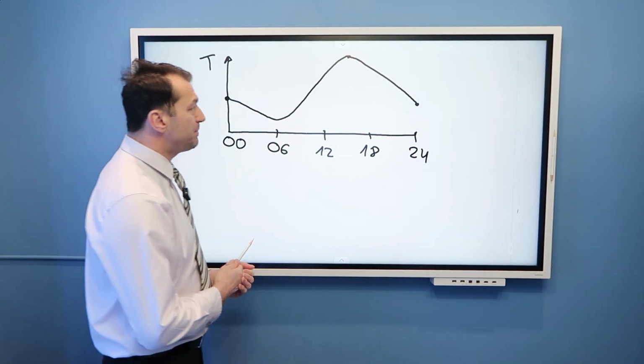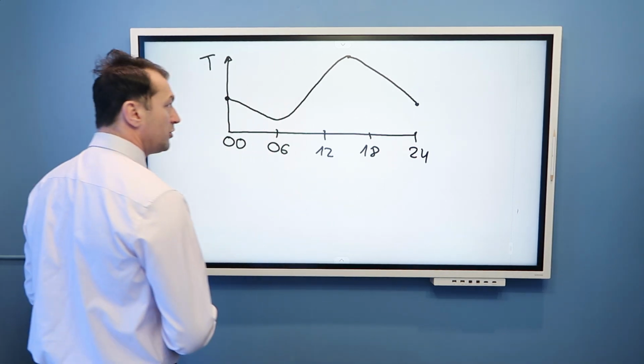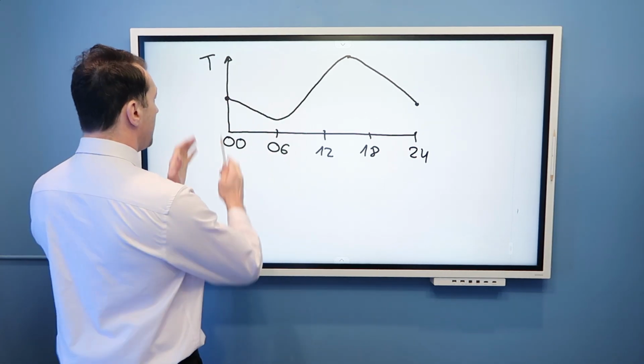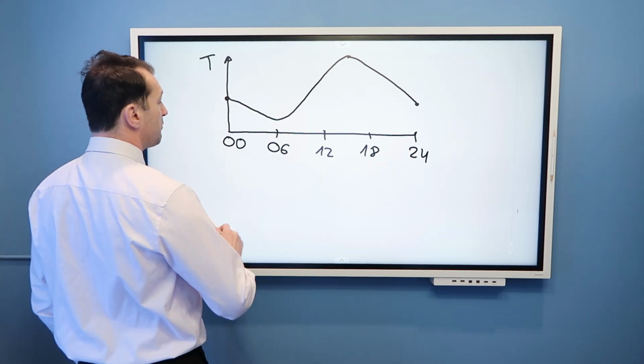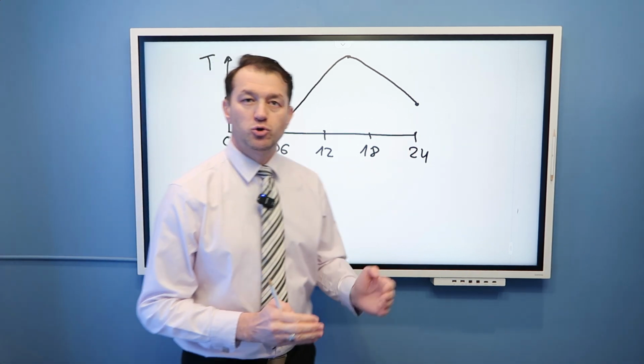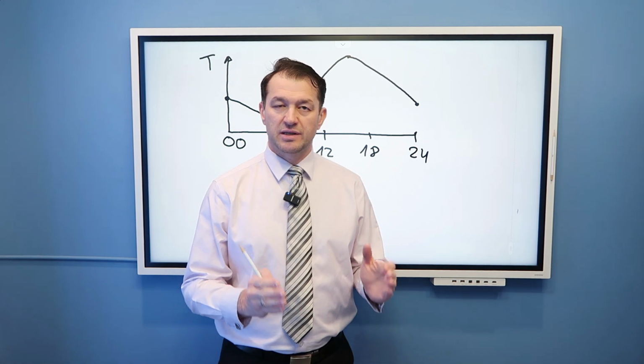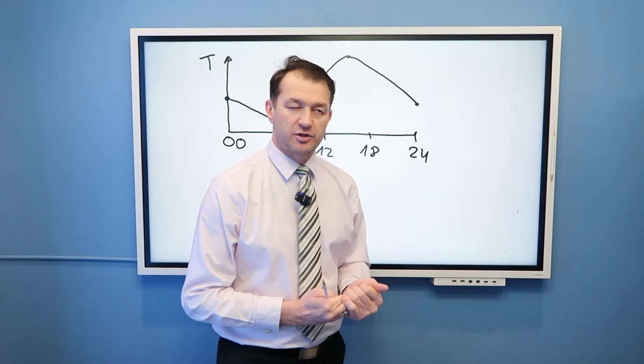So this would be typical variation of temperature during a 24-hour period, and when I'm talking about temperature, I really mean temperature close to the surface, and we measure it at 2 meters above Earth's surface.